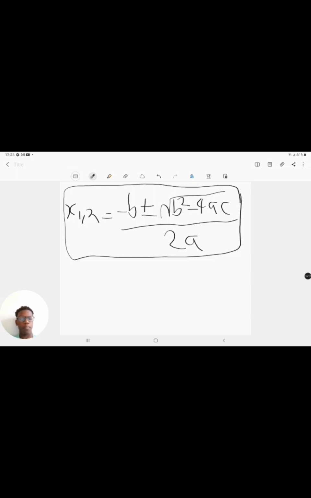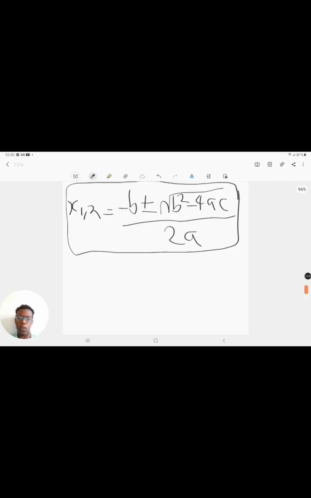So if you've got a quadratic equation, let's say y = x² + 4x + 15, and I ask you to find the x-intercept, you could find it by factorizing, or you could find it by using the quadratic formula. I'm going to use both methods. Firstly, I'm going to factorize.